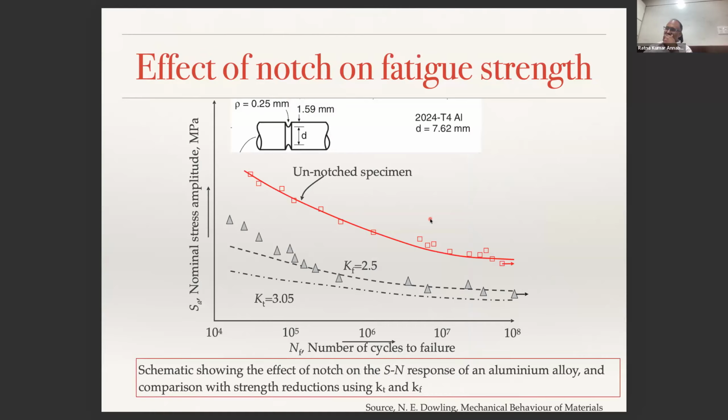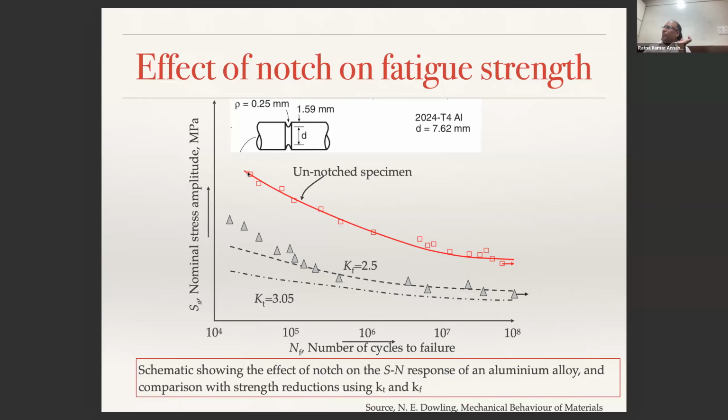But what happens when you have a notch? If you have an unnotched specimen, like a simple circular shaft, and then a circular notch, this is the stress-life S-N diagram.